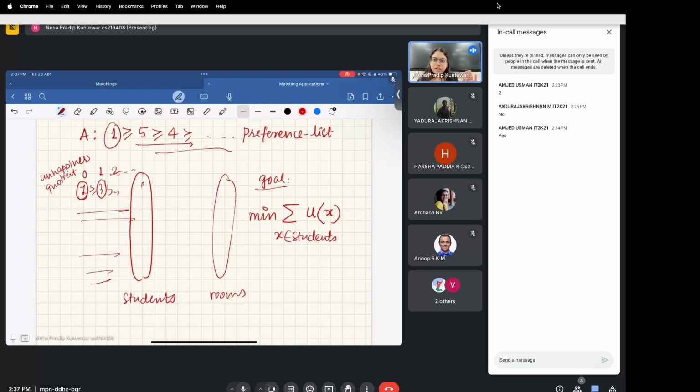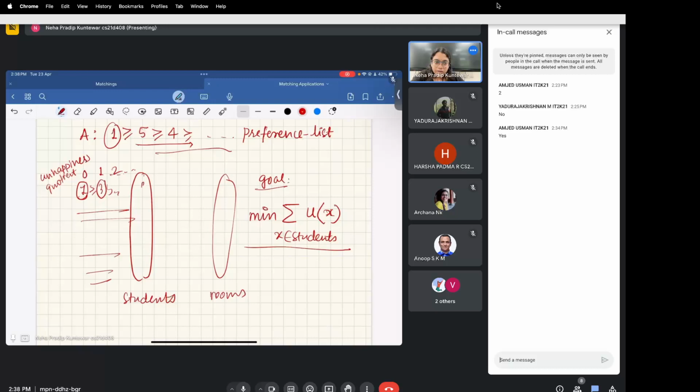We can't end up in a situation where everybody is as happy as possible, but we are globally trying to minimize the unhappiness. So that is the goal that we have. The same algorithm of finding maximum matchings will not directly work here, because now you have other constraints to take care of.